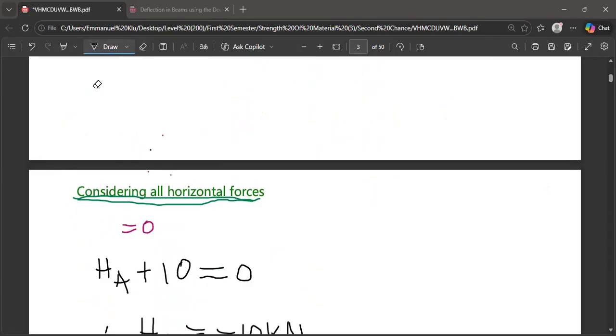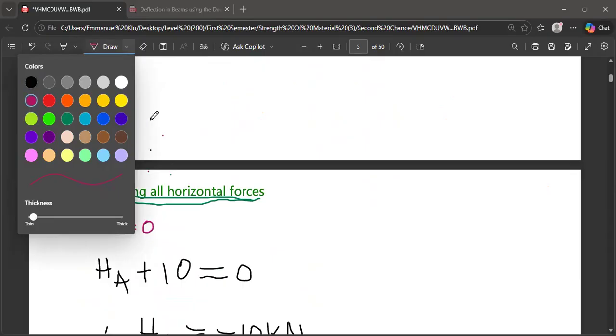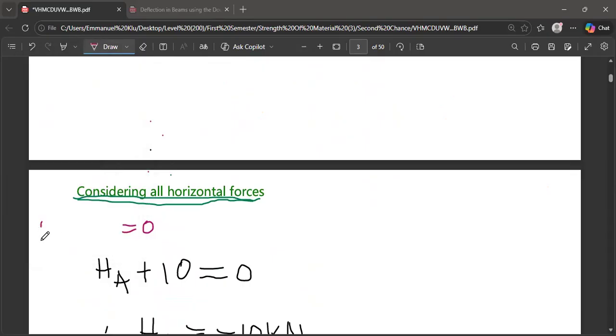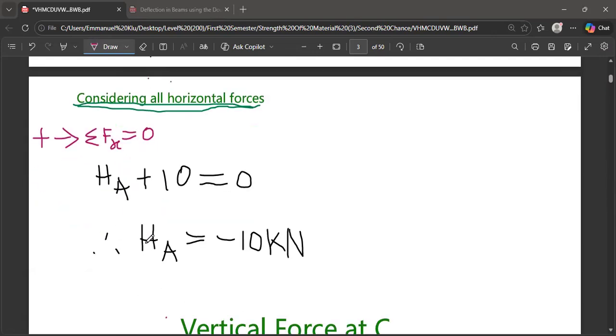So this is positive, and this is sum of all forces moving in the horizontal axis. Sum of all forces moving in the x-axis should be equal to 0.